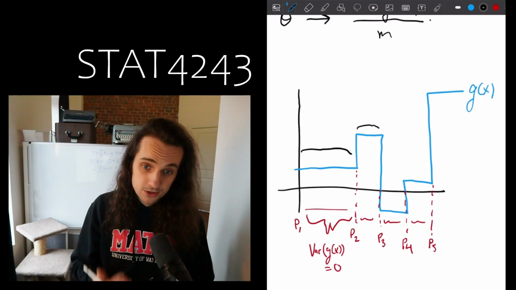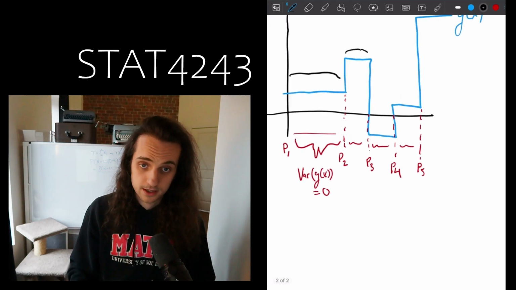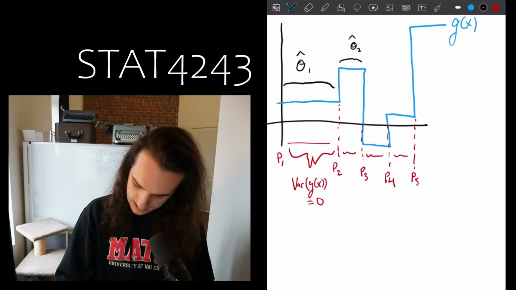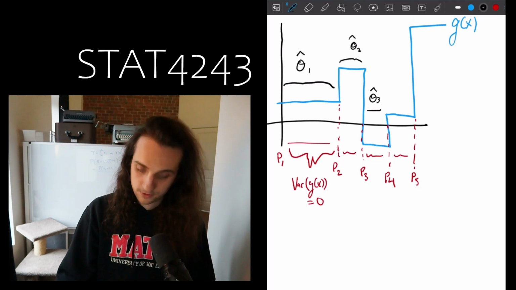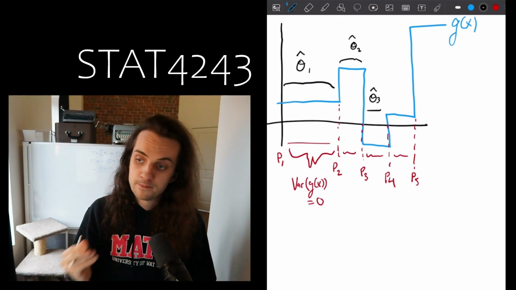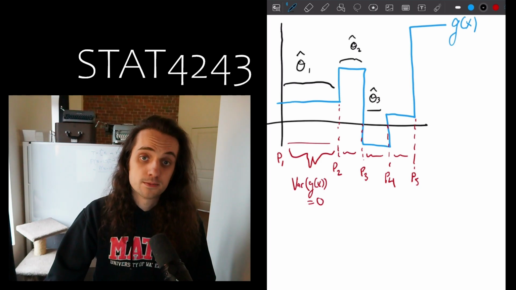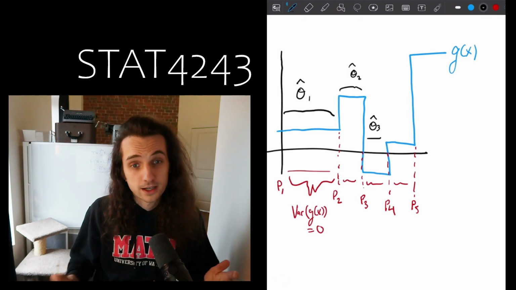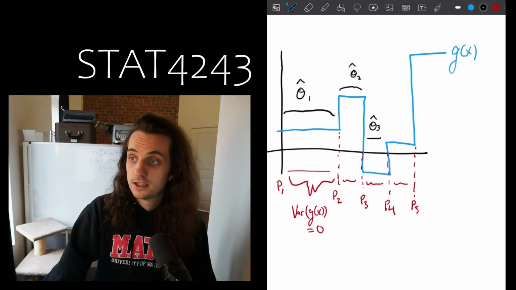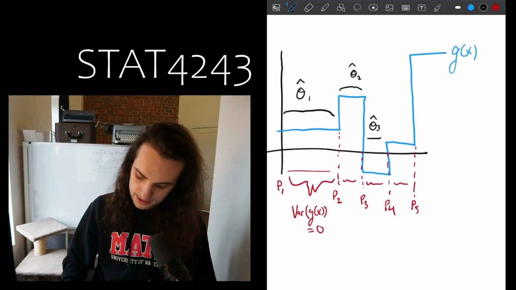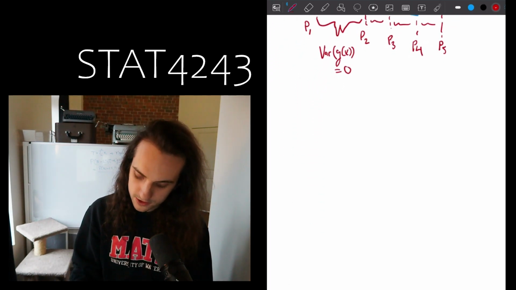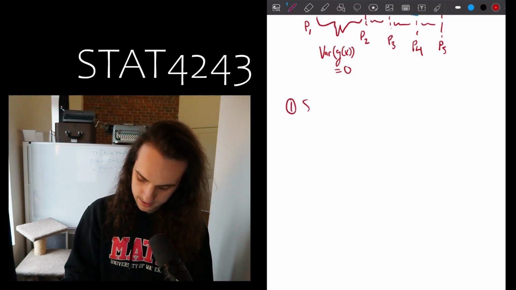And so doing this is going to end up with estimators theta hat 1, theta hat 2, theta hat 3, and so forth, and all of these are going to have variance 0. Because of that, we're going to be able to estimate the overall integral with a lot lower variance than if we had just treated this as one single function throughout.